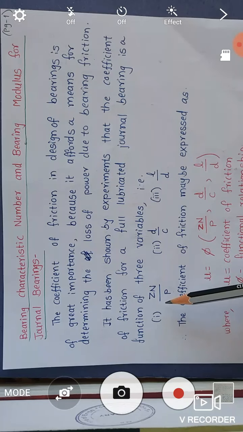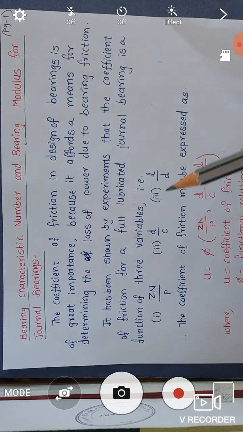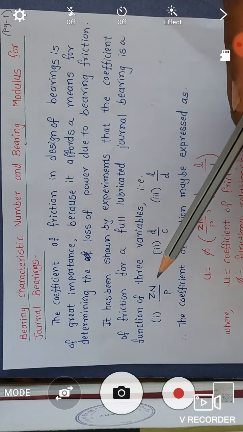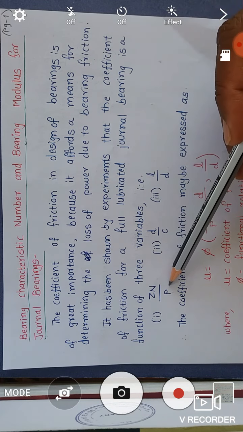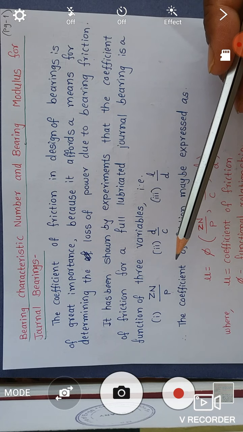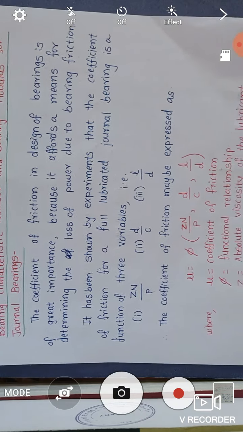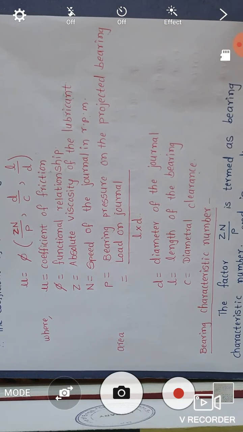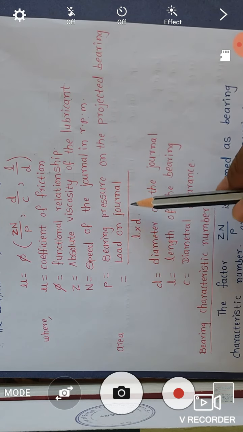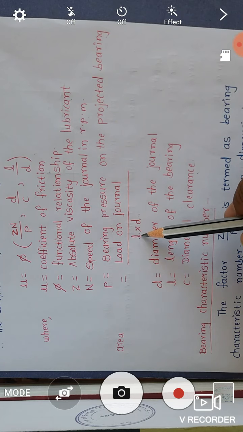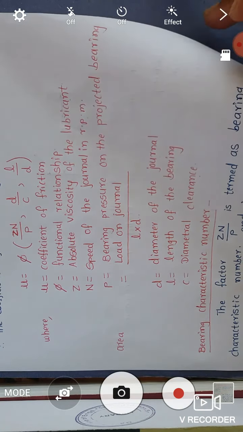The first term is ZN divided by P, where Z is the absolute viscosity of the lubricant, N is the speed of the journal in RPM, and P is the bearing pressure on the projected area. P is equal to the load on the journal divided by the projected area, that is L into D, where L is the length of the bearing and D is the diameter of the journal.